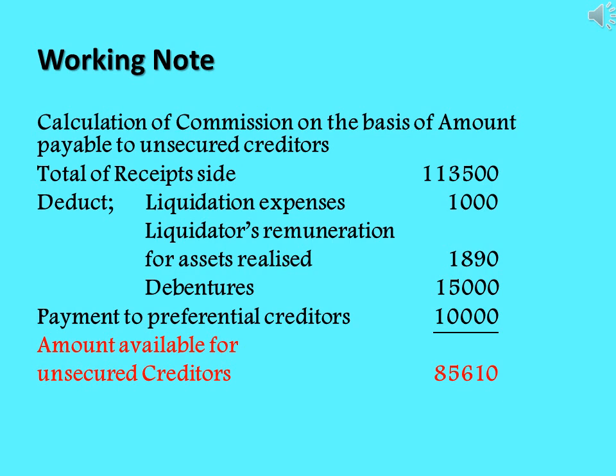Here in the question, the commission is 2%, that is 85,610 into 2 divided by 102, that is rupees 1,679. It is the commission of the liquidator on the amount payable to unsecured creditors.